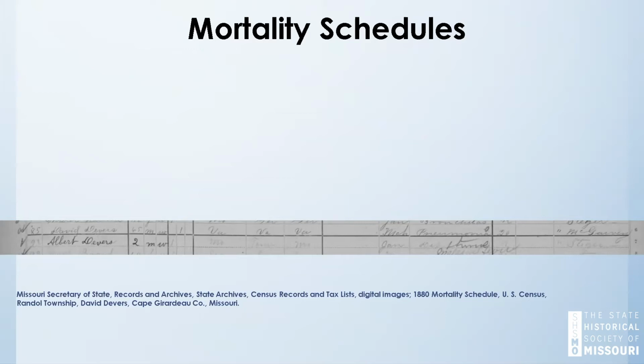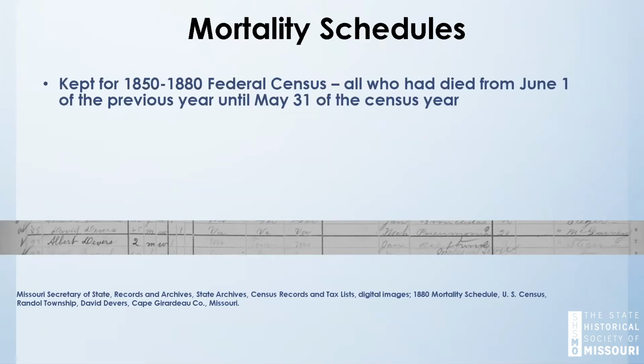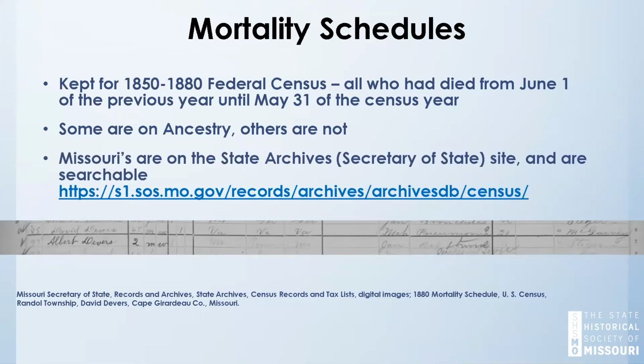So this was March 1880 that he died. Some of these are on Ancestry for some states, others are not. For Missouri, you're going to get the whole thing, image and everything, on the State Archives website. And they're searchable by name.